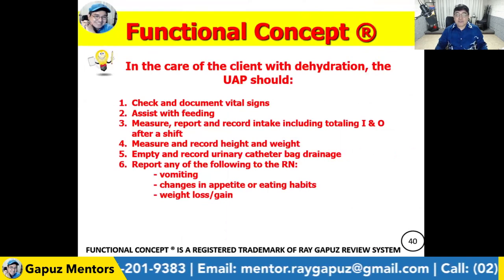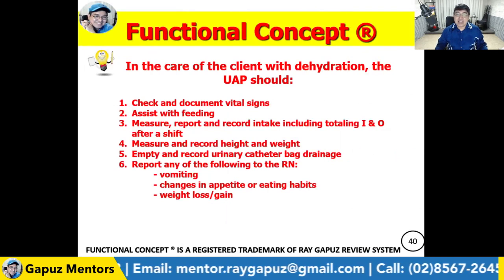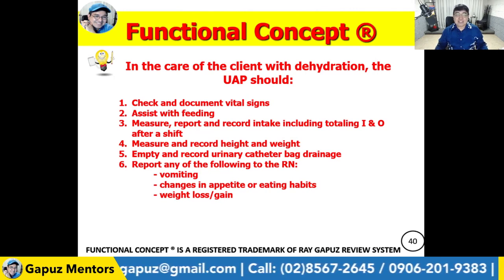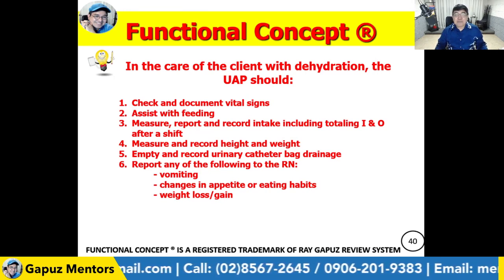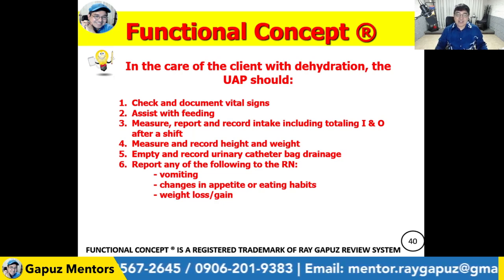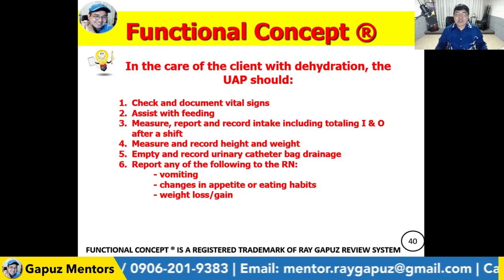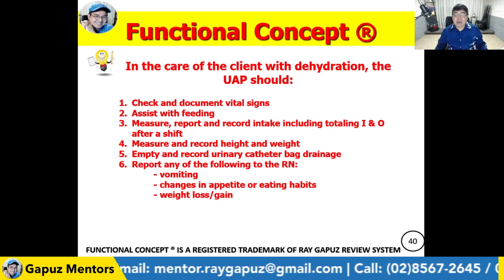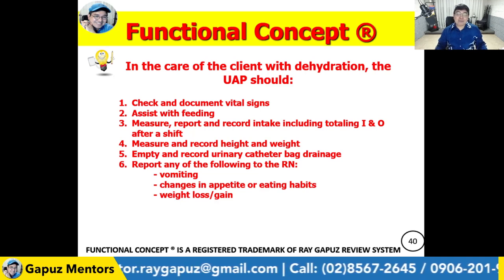In the care of the client with dehydration, the unlicensed assistive personnel should, take note, check and document the vital signs, assist with feeding, measure, report, and record intake, including totaling intake and output after a shift, measuring and recording height and weight, emptying and recording urinary catheter bag drainage, and report any of the following to the RN.